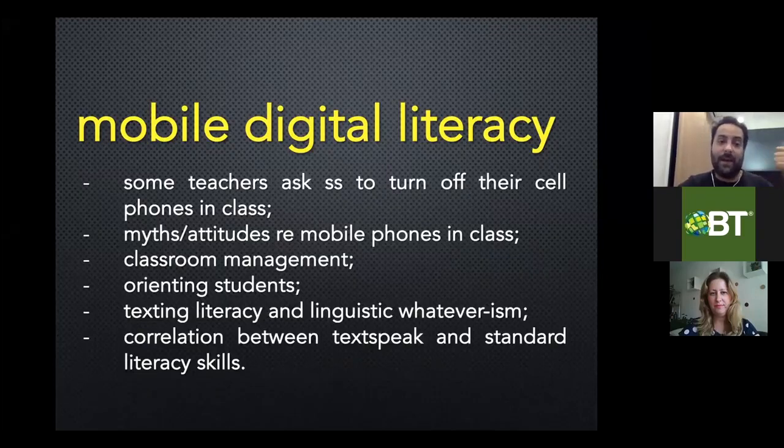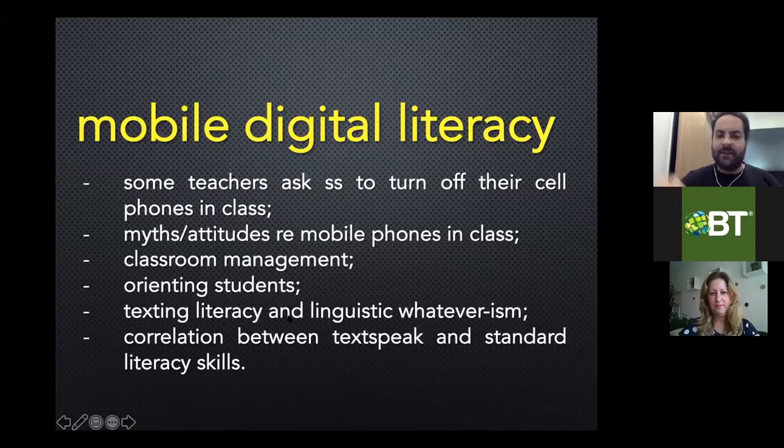So we need perhaps to revisit our myths and attitudes regarding mobile phones in class, because many times we believe that mobile phones are villains in terms of classroom management and engagement and motivation and attention, etc. But it needs not be the case. We might consider how to use this in class so as to keep students more motivated.